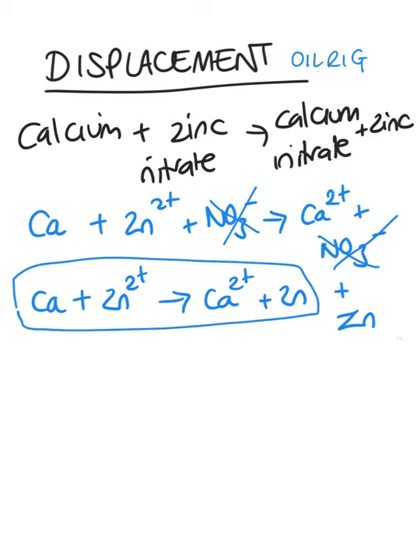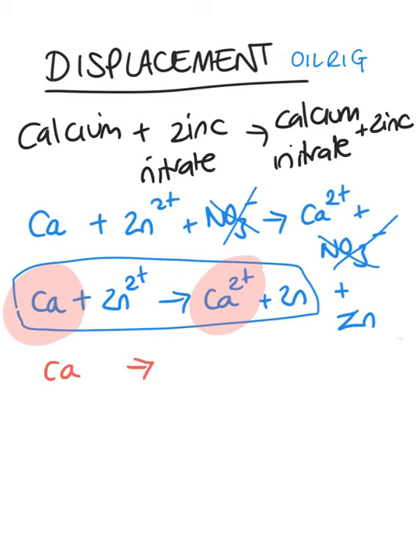We're now going to split that into two half equations, and we're going to look at one species at a time. First of all, let's look at what happens to the Ca on that side of the equation and Ca2+ on the other side, and write a half equation that represents it. So we've got Ca.